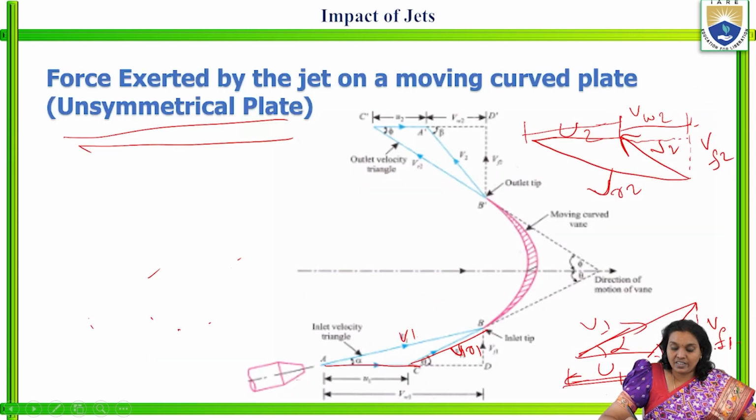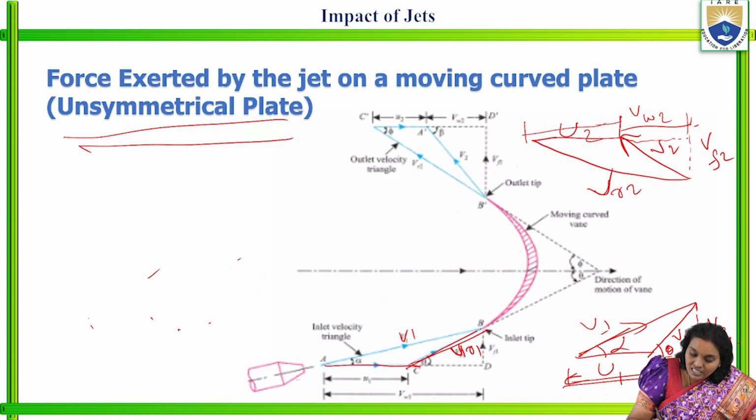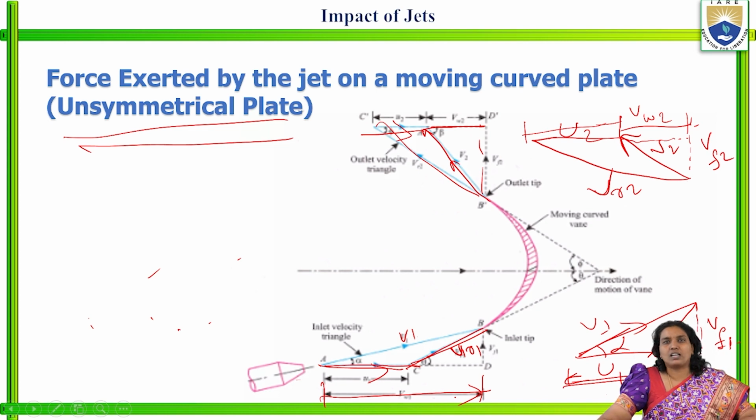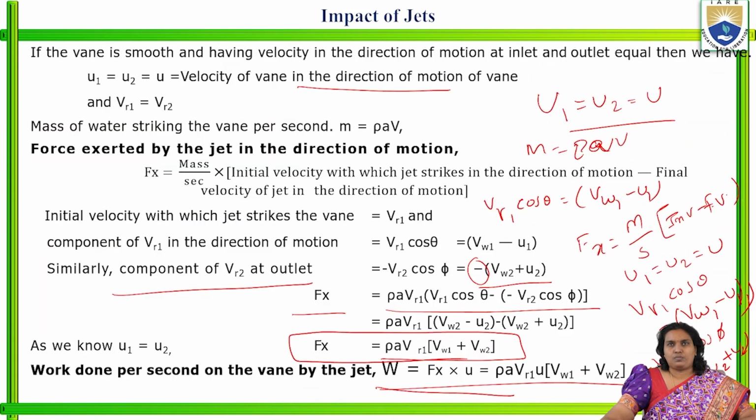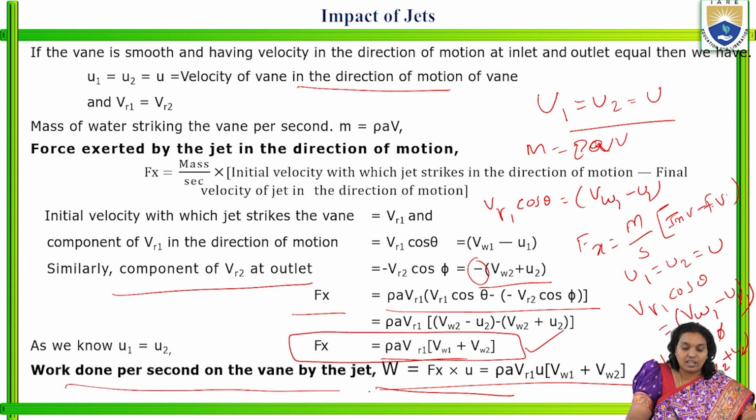Here the difference will occur because of the opposite nature of the velocities. From here to here we are considering the horizontal component as VW. So this is the final one, and then the work done per second.